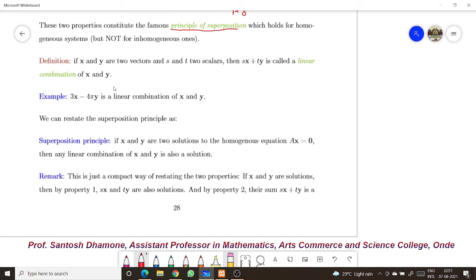We can restate the superposition principle.